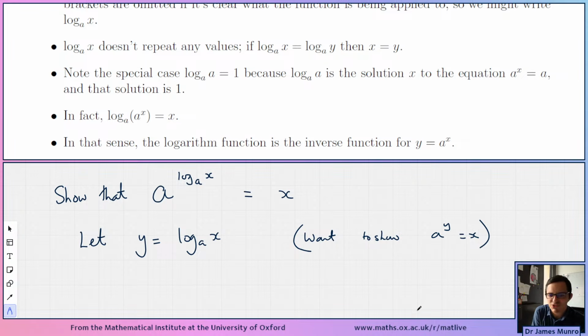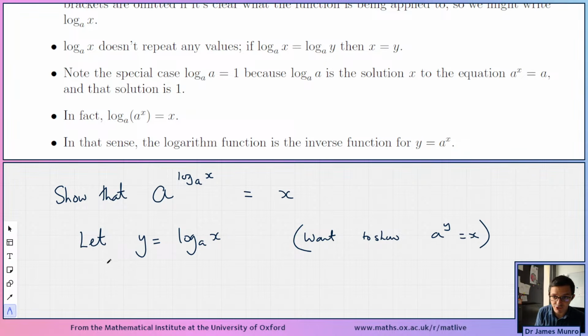Giving things names is just really powerful. It can make the thing that you're trying to prove look simpler, which might help the pattern forming bits of your brain notice what's going on. For example, written out like that, we have a known statement, something that's true, because I just defined y to be equal to this, and the thing I want to show looks really familiar from the definition of a logarithm, right?